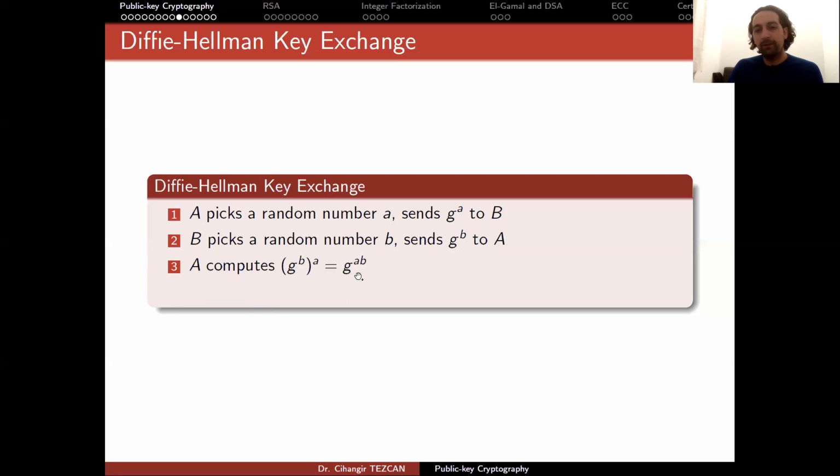And B can perform a similar thing. B receives g to the a from A, and small b is a number that B randomly chose at the beginning. So B can also compute g to the a times b.